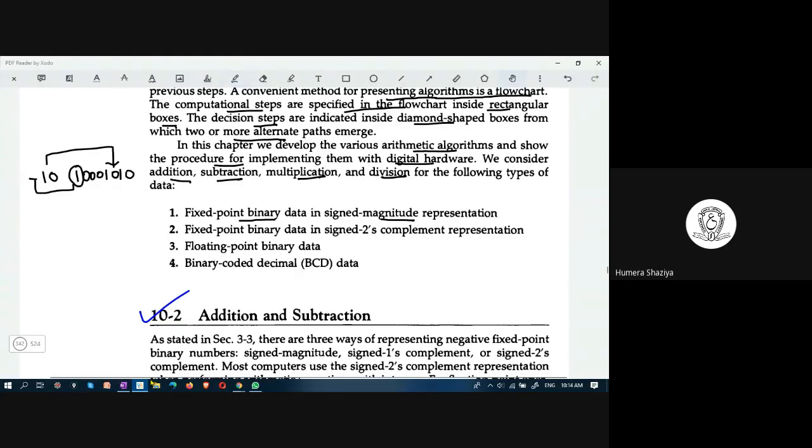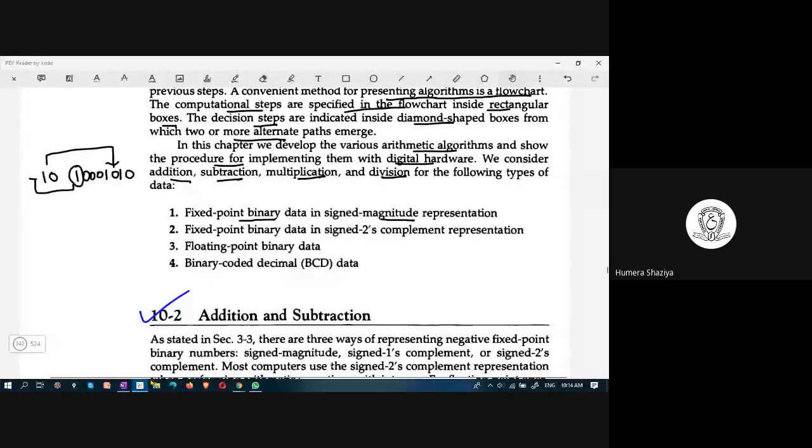This is known as sign magnitude representation. When you have to represent a negative number, you convert the number to binary form as it is, and you prefix the number with its sign. 1 denotes a negative number, which is minus. So that is signed magnitude representation.